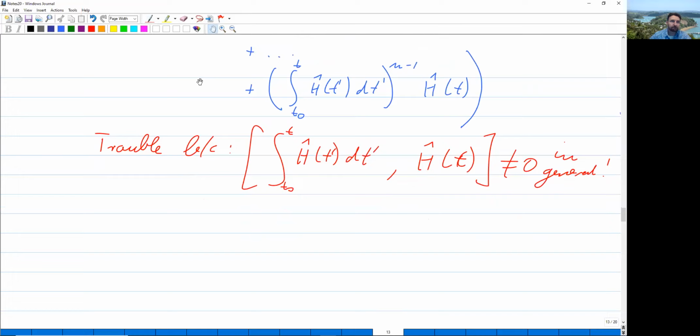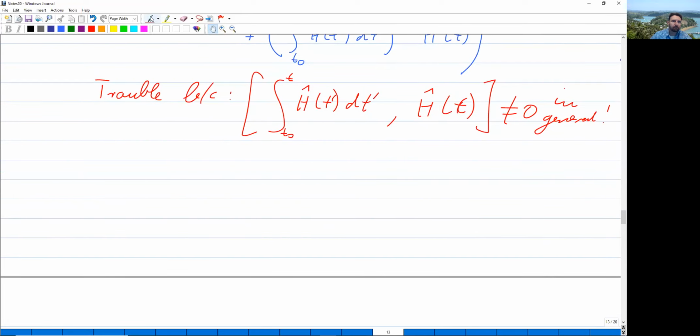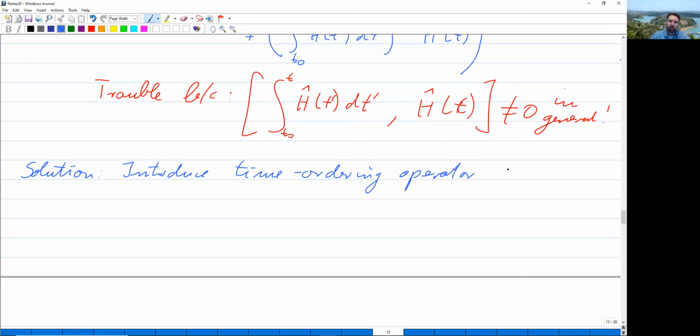Well, the solution is to introduce what is called the time ordering operator. And it's usually denoted by a capital tau. And capital tau is defined to do the following.